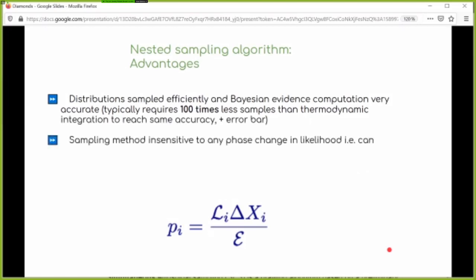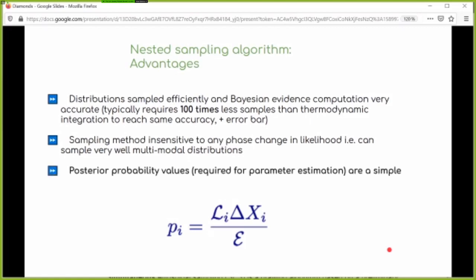The sampling method is insensitive to any phase change in the likelihood, unlike thermodynamic integration. And it can sample multimodal distributions very well, so distributions with a lot of maxima. And the posterior probability values required for parameter estimation are a simple byproduct, as shown in this equation.